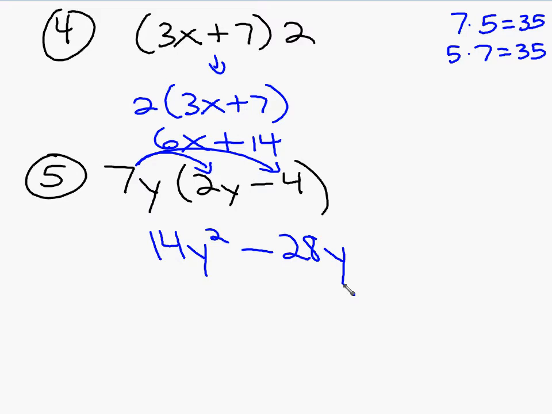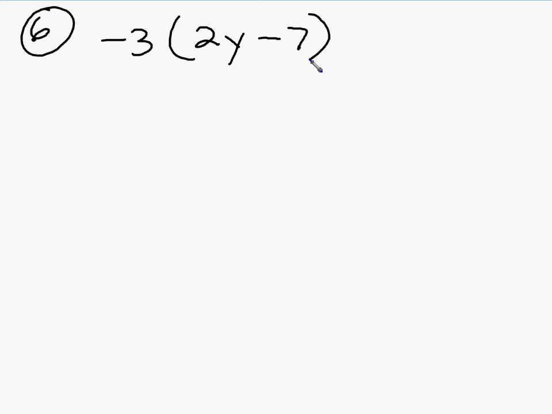Now, what we haven't talked about yet is if the number on the outside is a negative. We better do that, because you're going to see some like that tonight. What if I have negative 3 times 2y minus 7? Now, here's the good news. Everything's the same. You just have to remember your rules for multiplying with integers. So watch carefully.